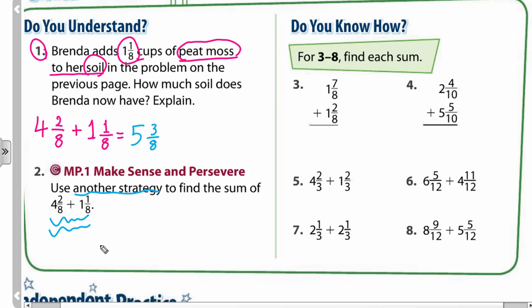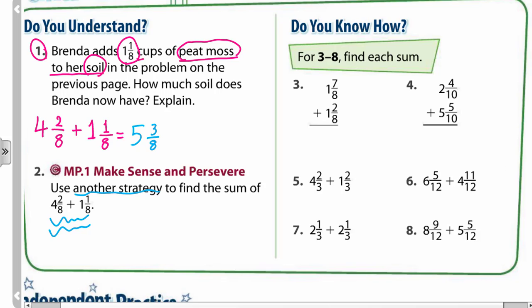Can anyone tell me any other way? Of course, we can use the models. Do you remember the models? But this one here, we need to solve it without drawing. So we can do it like the video.